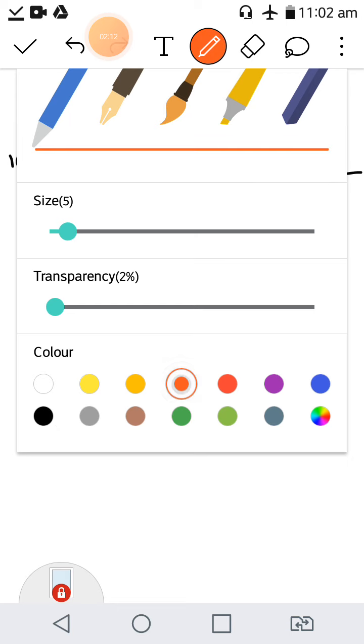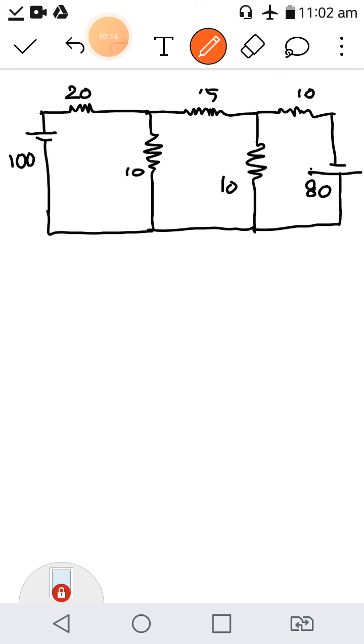First of all I have to identify all the independent nodes. This is a node but it is a dependent node. This point is also a node but also a dependent node because it is directly connected to the supply battery. And I can see that these two nodes I can take as the reference node.